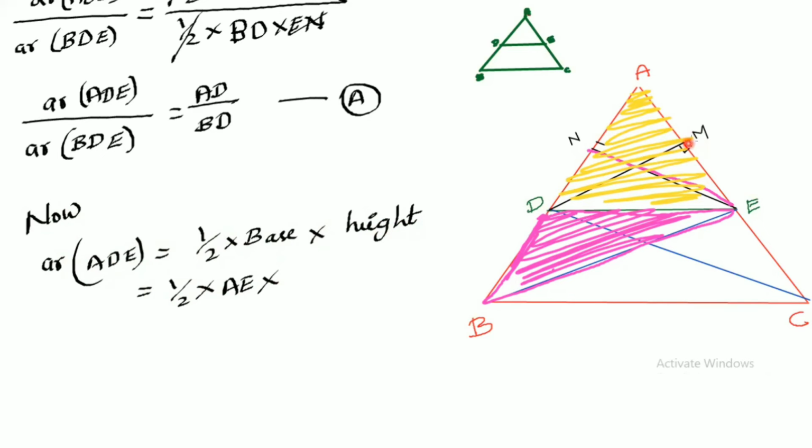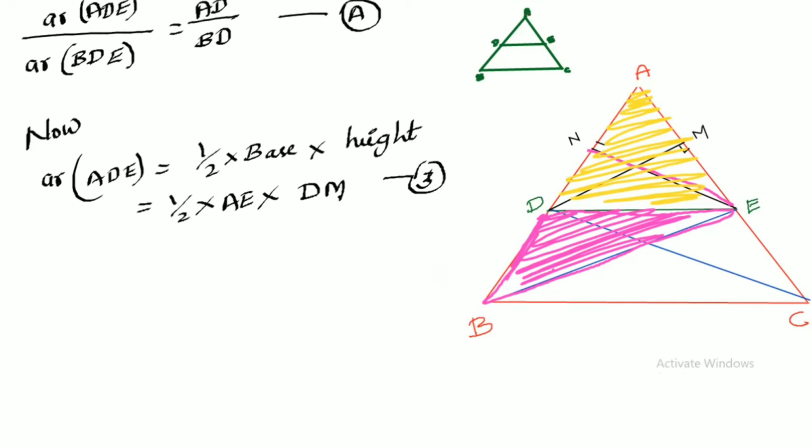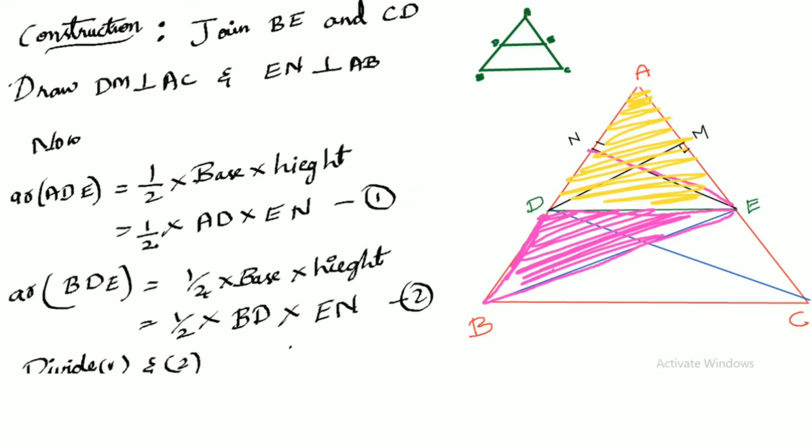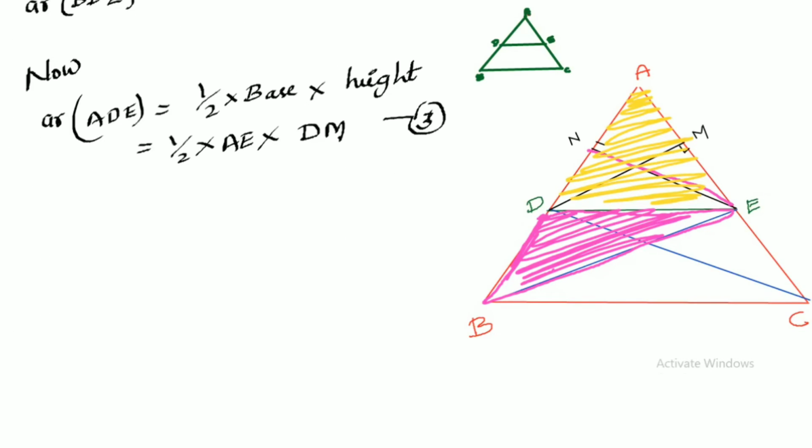The perpendicular would be height DM. So let this be equation 3. I was taking 1, but we have already taken 1 here, so it might bring some confusion.